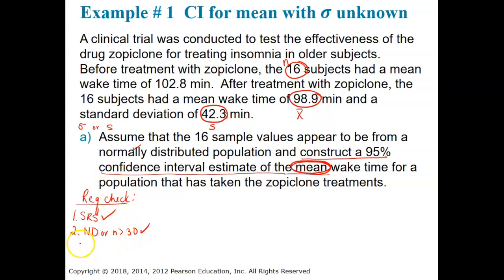Okay, so we need to decide too, is sigma known or is it unknown? The only standard deviation they give me is this 42.3, and that's an S. It's not a sigma. So this is not going to be known, and that means I'm going to need to use a T critical value.